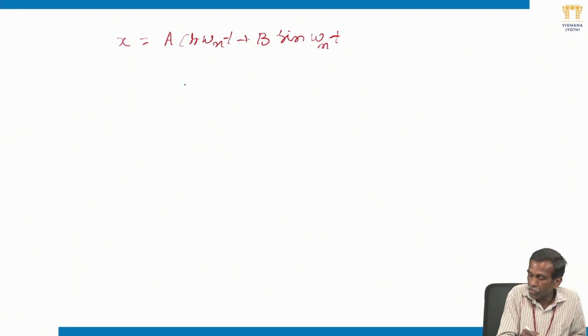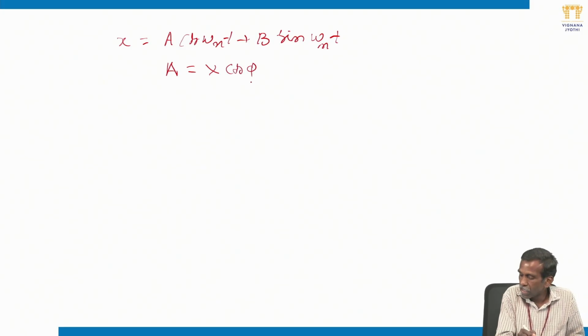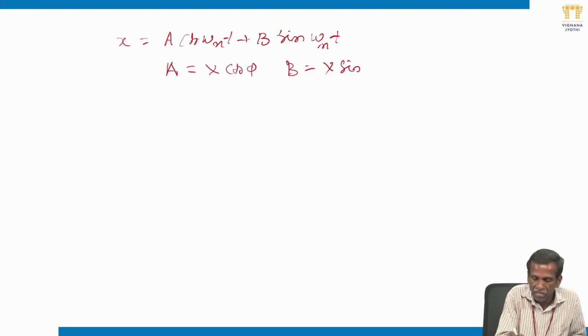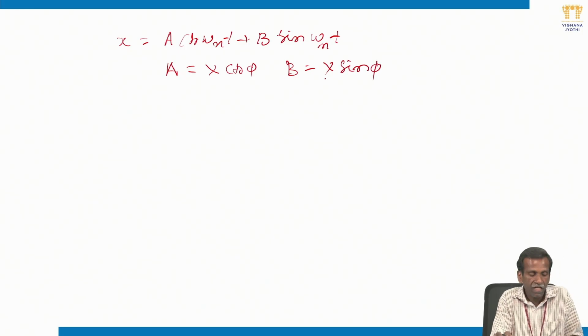Also, for example, a can be taken in the form x cos phi and b in the form x sin phi, because this is also simple harmonic motion where x is the maximum amplitude, the maximum displacement.